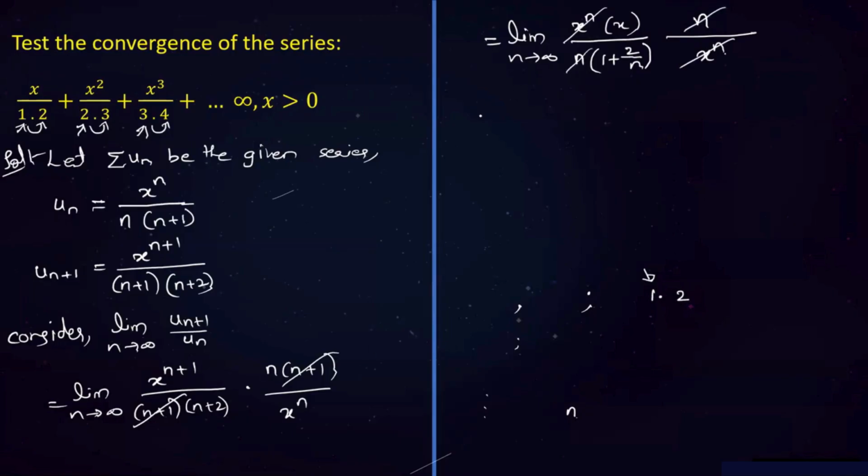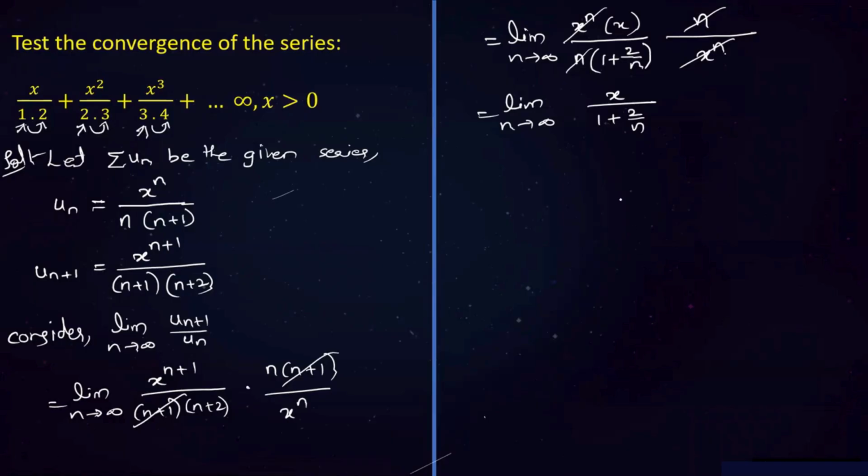Right? So then what happens, this implies it is the limit as n tends to infinity. Only x remains in the numerator here, and in the denominator it is 1 plus 2 by n. Now as n tends to infinity, see what happens there. In the denominator, this 2 by n approaches 0, so that the denominator becomes simply 1 plus 0.